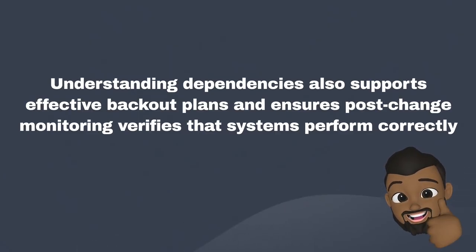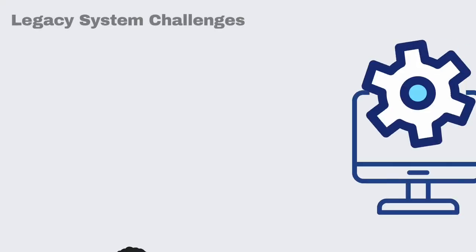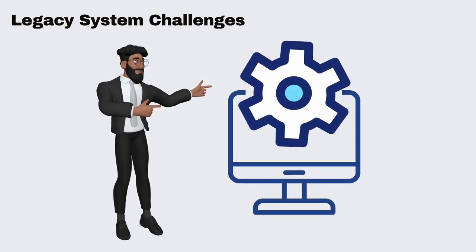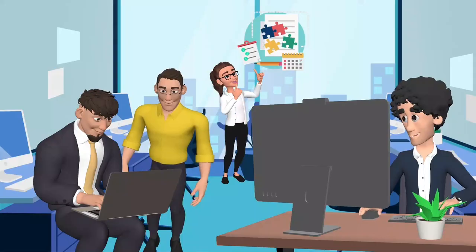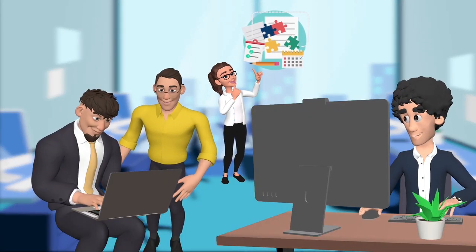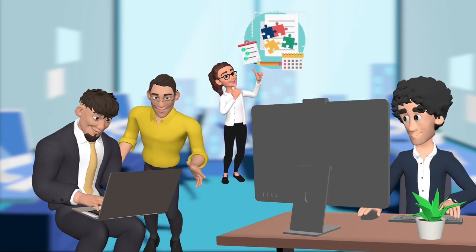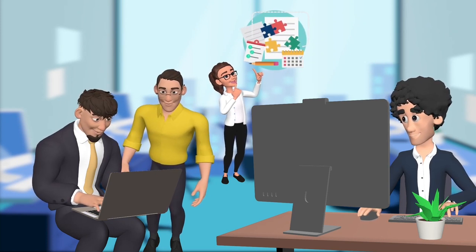Understanding dependencies also supports effective backup plans and ensures post-change monitoring verifies that systems perform correctly. Older systems often lack vendor support or proper documentation, making changes risky. Testing, specialized compatibility solutions, and meticulous planning are critical when updating legacy apps to avoid breaking essential operations.